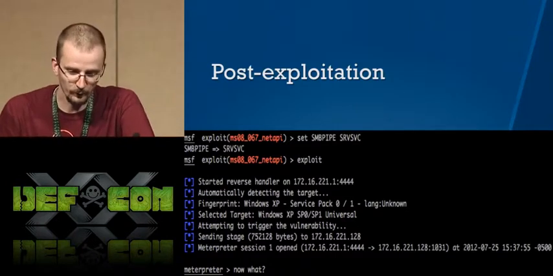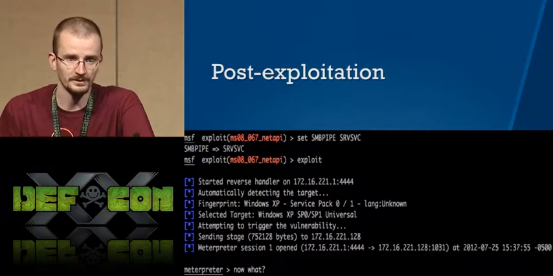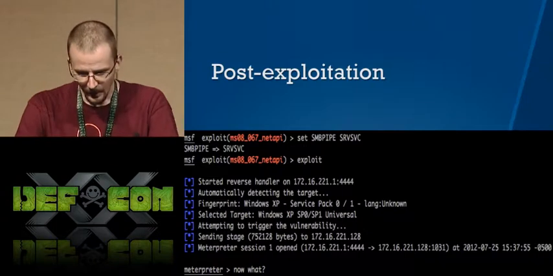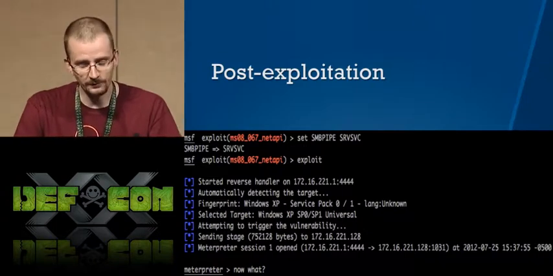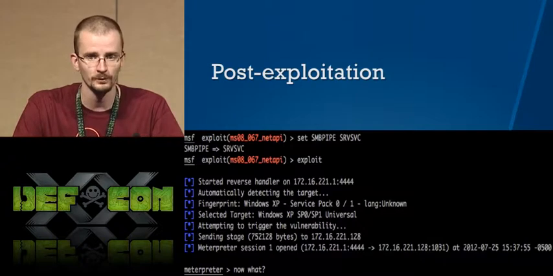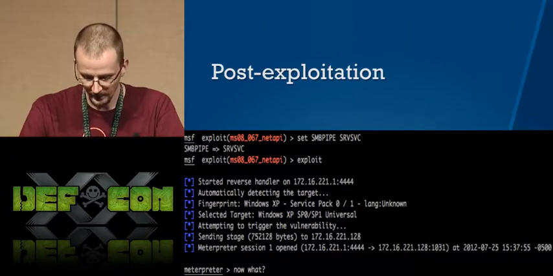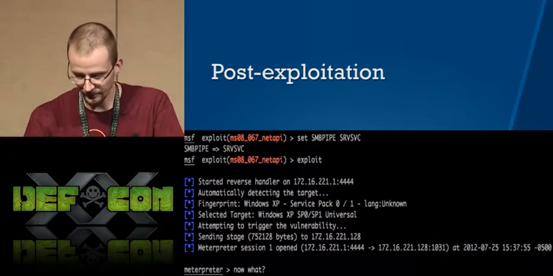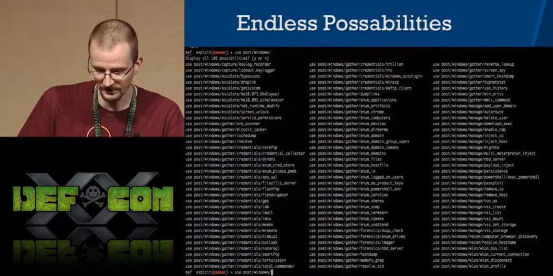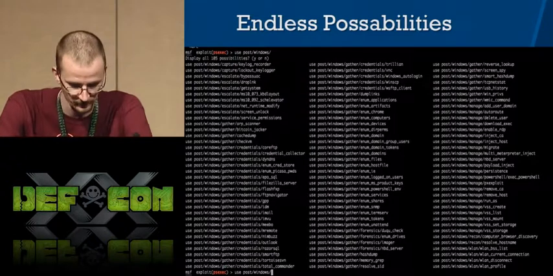There's a lot more that goes on in Metasploit now with the development of post-exploitation, from stealing credentials, gathering information, doing further reconnaissance on the network once you've gotten that first foothold. And in a very short period of time, we've come up with a lot of new possibilities through the advent of the post module.